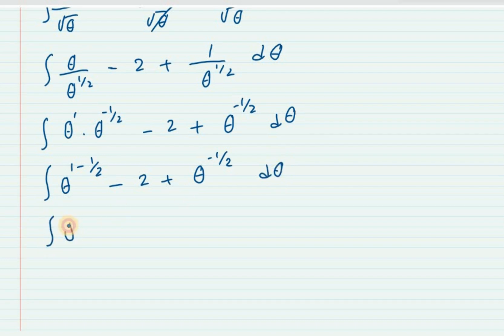We can simplify this. 1 minus 1 by 2 will become 1 by 2, minus 2, plus theta power minus 1 by 2 d theta.